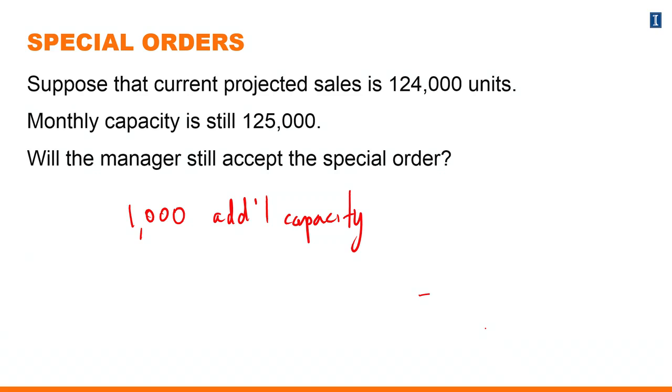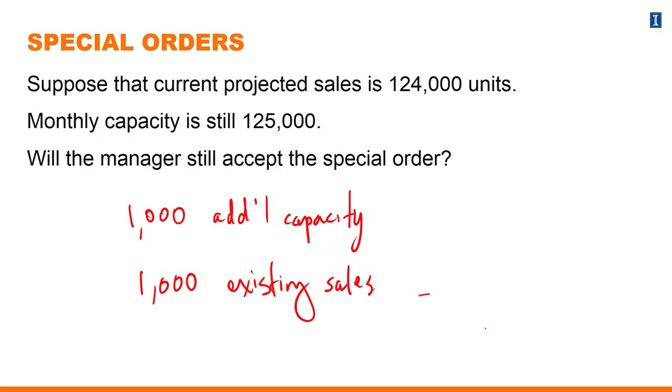But another 1,000 would actually cannibalize existing sales. Currently, we're projecting 124,000 units in sales, and we only have capacity for 125,000. So 1,000 is fine, you can use the available capacity. But if we were to complete the whole 2,000 unit order, we would have to take away from existing sales.